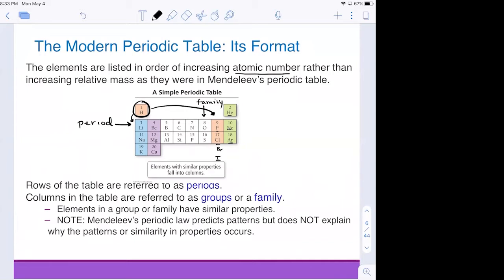However, he knew nothing about how the actual elements reacted. And so the periodic table is specifically a law. It predicts the patterns, but it does not explain why. It is not the theory behind anything. Quantum mechanics is still our theoretical basis for how and why things react.